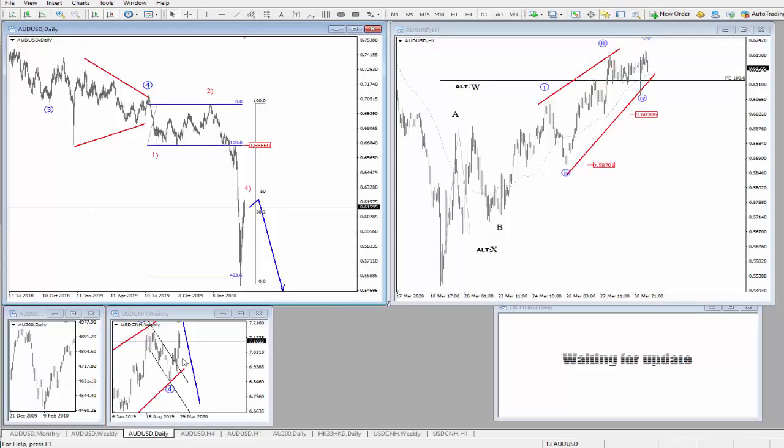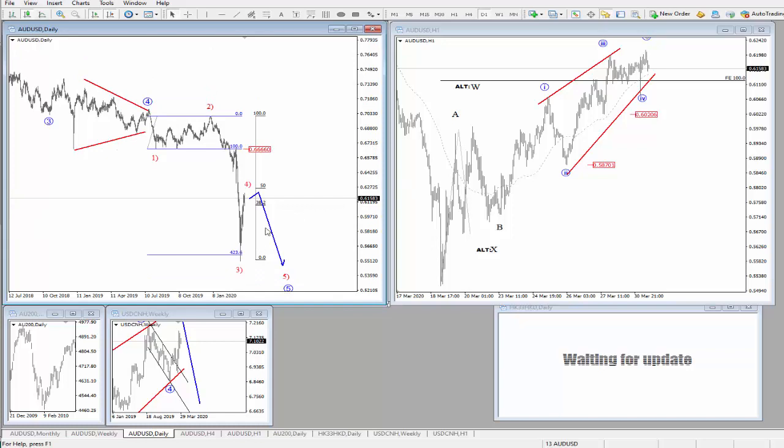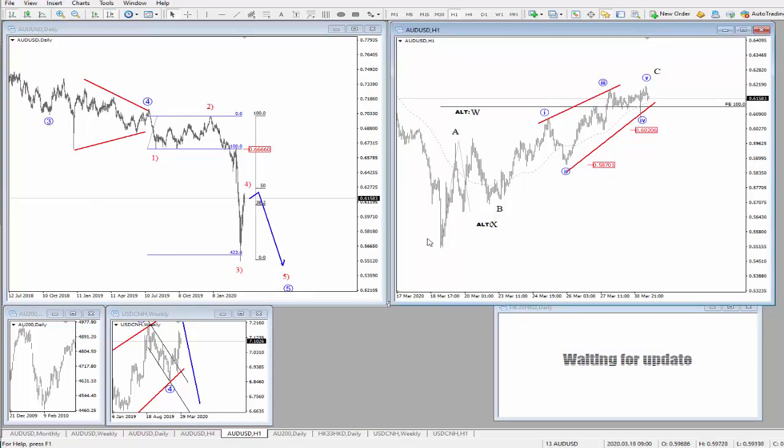Now looking at Aussie dollar, it's trading at a very interesting resistance here on the daily chart. Looking at the 1-hour chart, you have this potential ending diagonal for a wave C. Now I really like the approach that when you have an uptrend, not only the first support, you want to see the second support also to be broken, which means double supports must be taken out before the market can be identified as a reversal point.